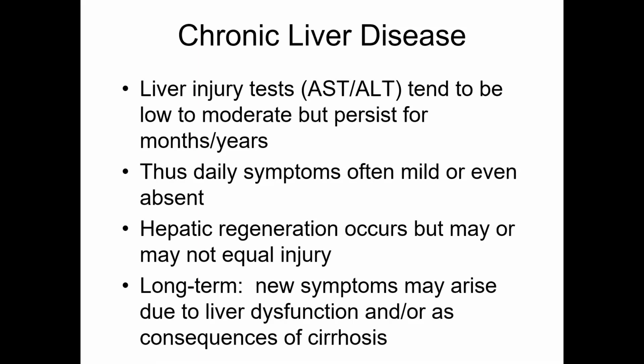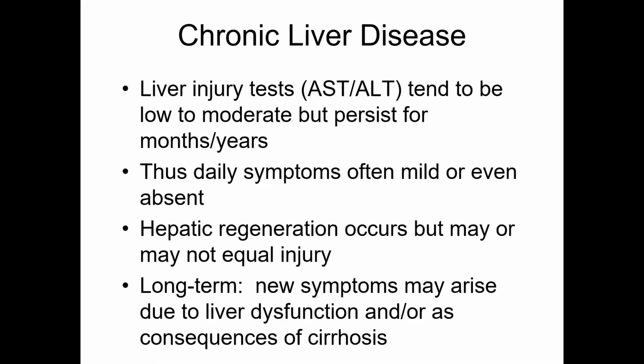And hepatic regeneration can usually cope with the injury to the liver, but this may not equal the level of injury. So they could either cope with the injury or they could not cope with the injury. If they could not cope with the injury, eventually the liver will fail.